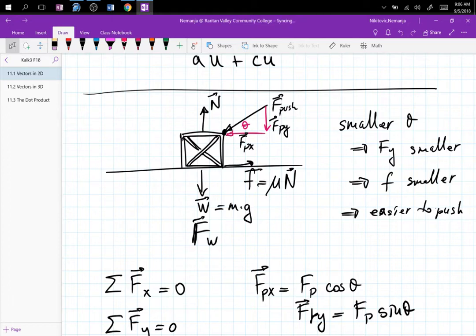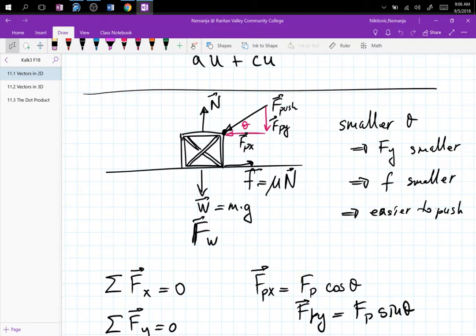Now, what is the force which pushes? The force which pushes is the force of the push in the x direction, which is what you get when you drop the normal down, just the component which pushes straight forward.